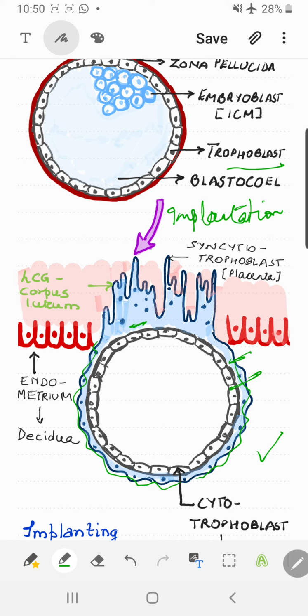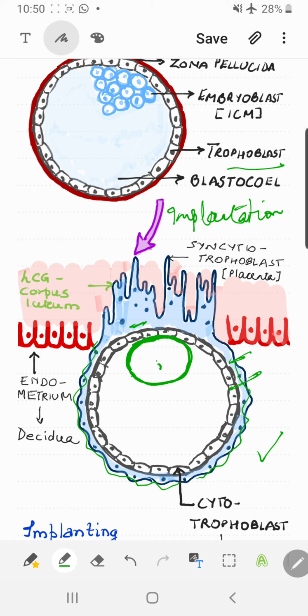Now always remember one thing here, that when the blastocyst settles on the endometrial wall, the trophoblast always ensures that this implantation occurs in such a way that the embryonic pole or embryonic knob should be touching, right? So this should be the point which should be here while the blastocyst is settling over the endometrial wall.